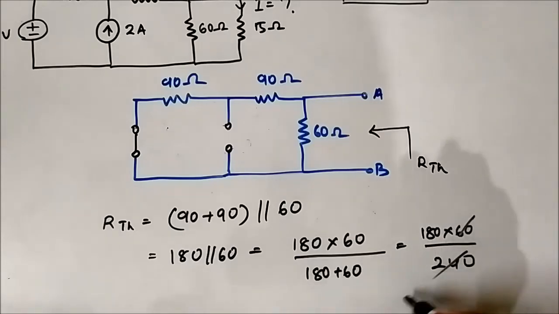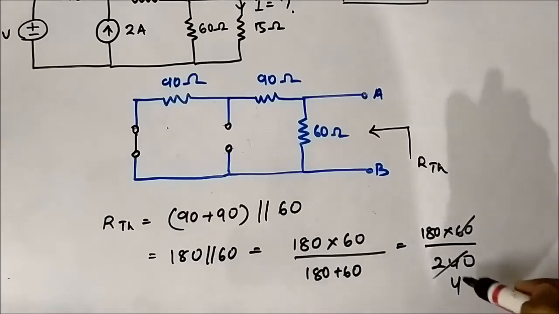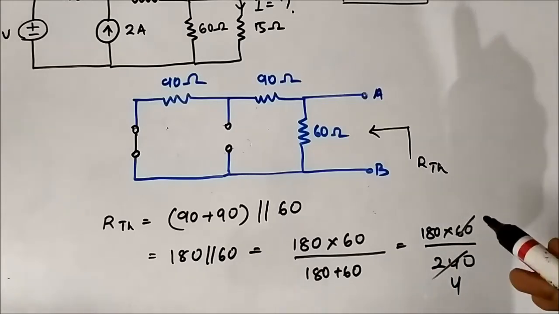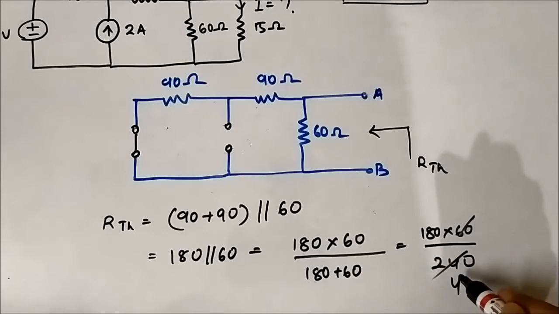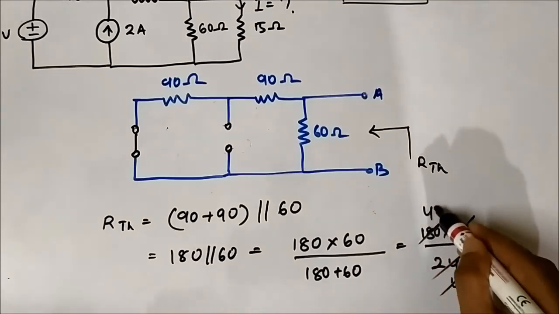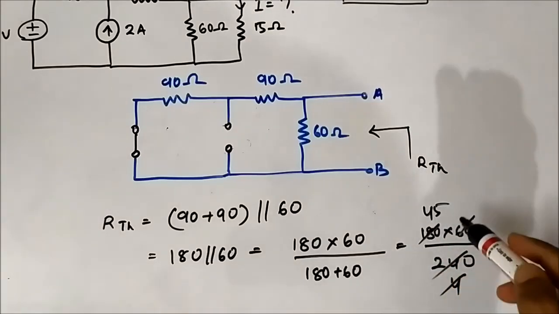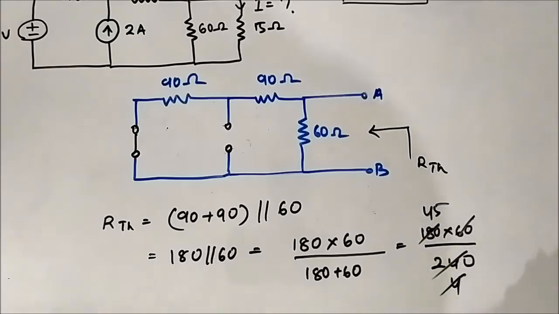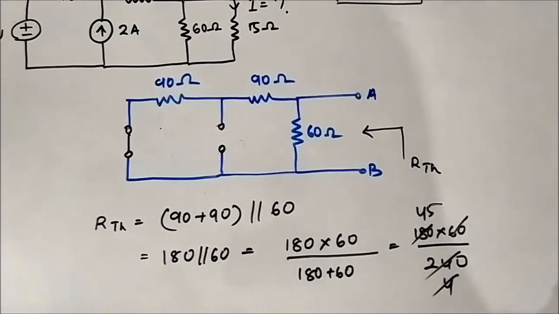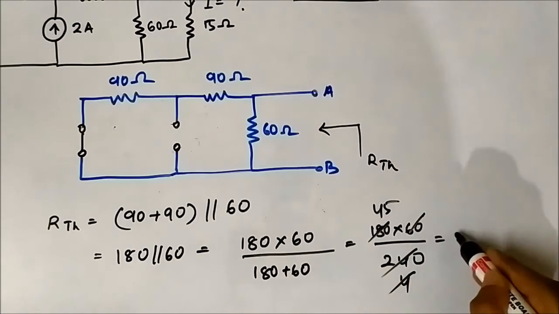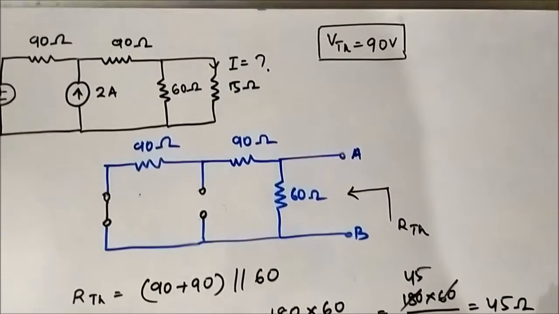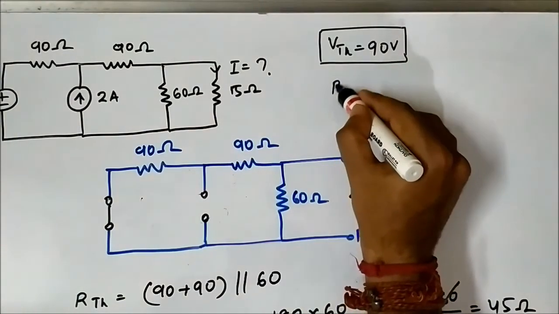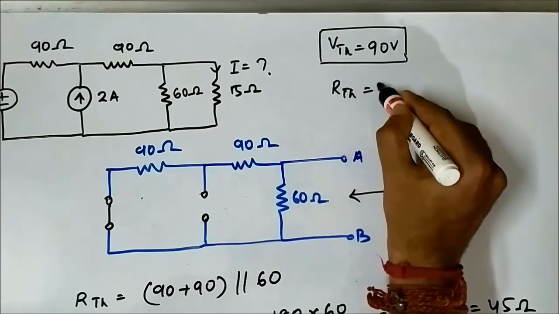So 60 to 40, it is 4, and 180 by 4 is 45. So RTH is 45 ohms.